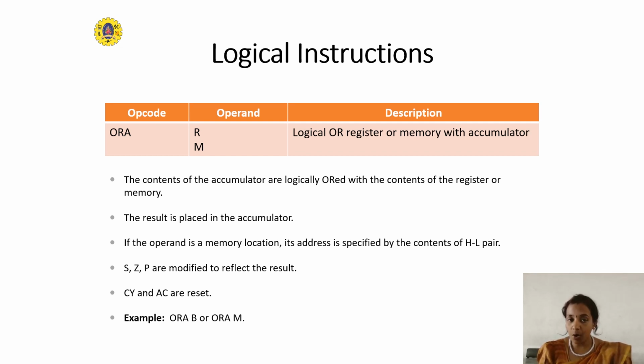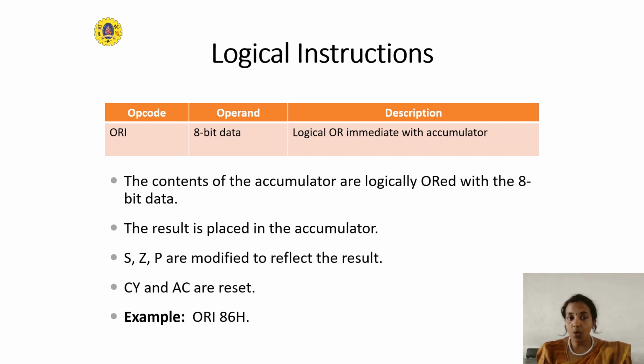ORA M means the OR operation is performed between the contents of the memory location M and the accumulator content. ORI, as usual, means 8-bit data would be given, and that 8-bit data would be ORed with the accumulator.